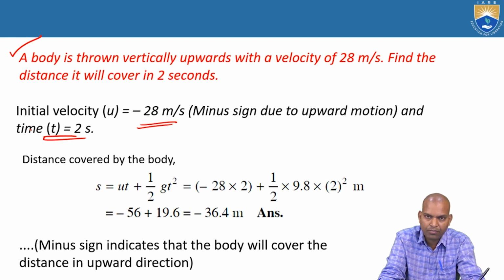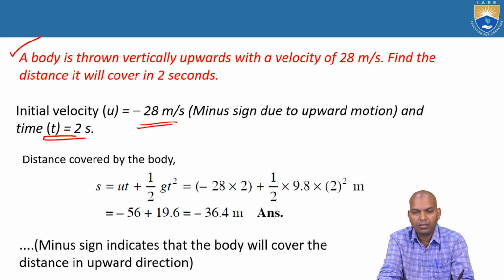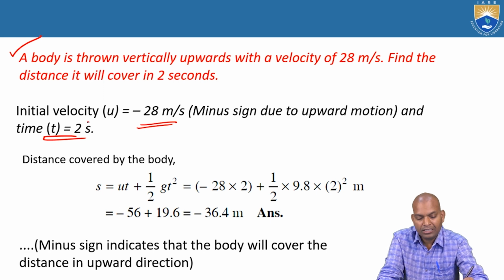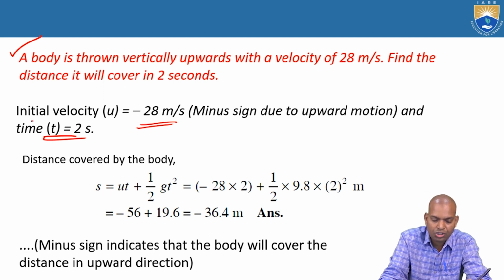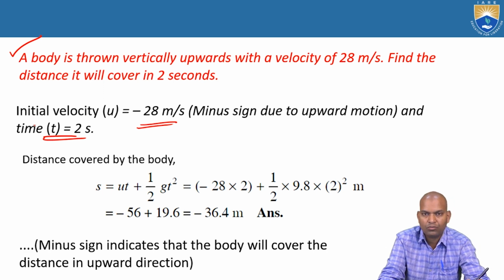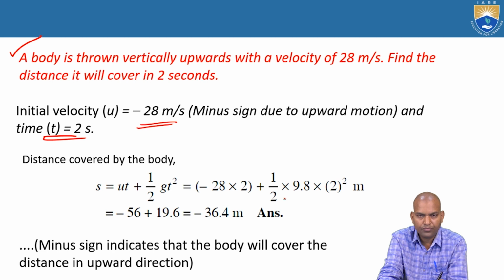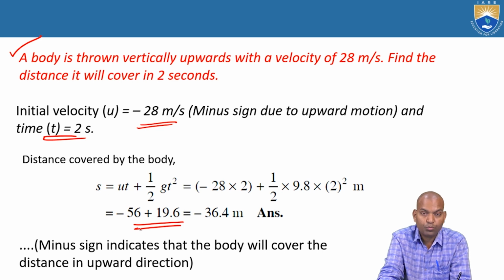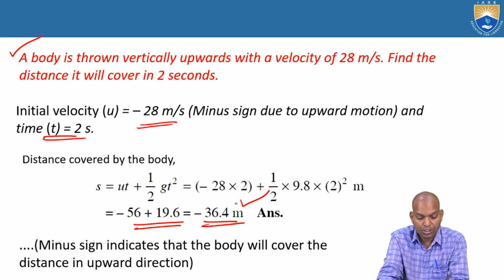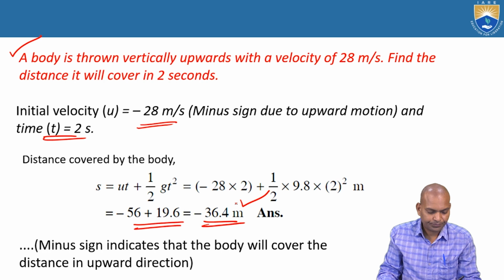The distance covered is s = ut + ½gt². Plugging in the values, s = (−28)(2) + ½(9.8)(2)², so after substituting, −56 + 19.6 gives −36.4 meters.